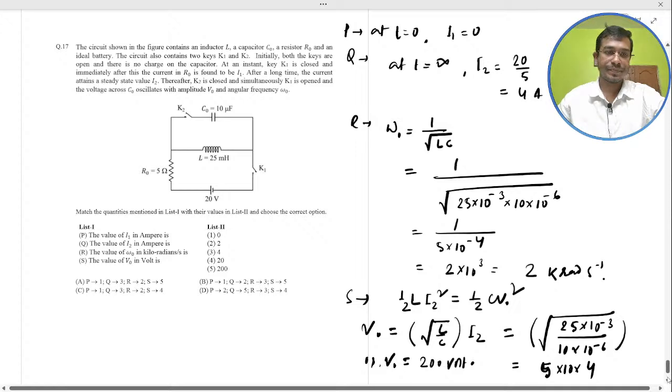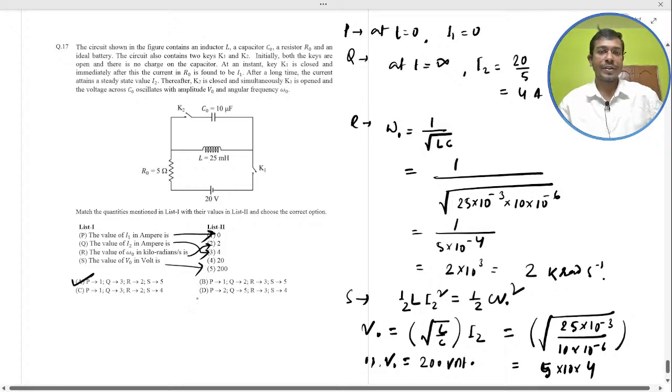Now check. The value of I1 in ampere is what? 0. The value of I2 in ampere is what? 4. The value of omega naught in kilorad per second is 2. And the value of V naught in volt is 200 volt.